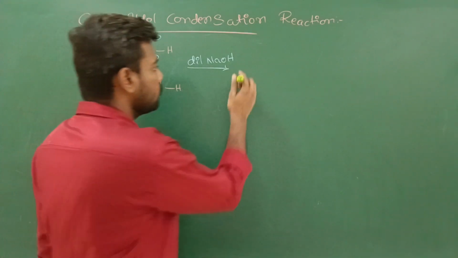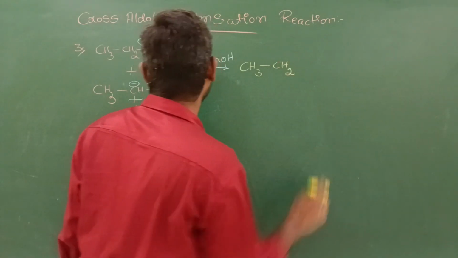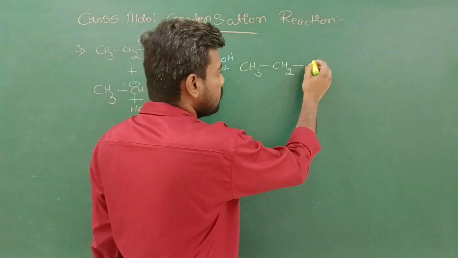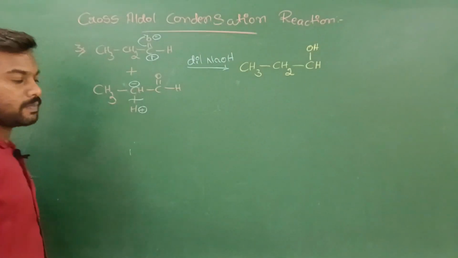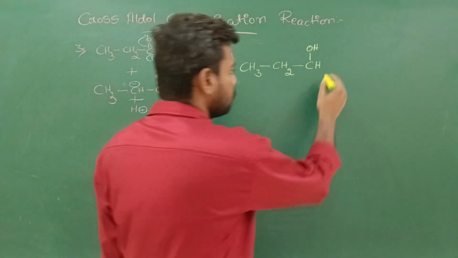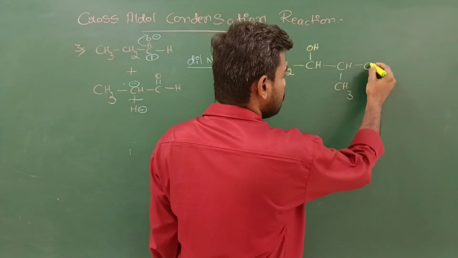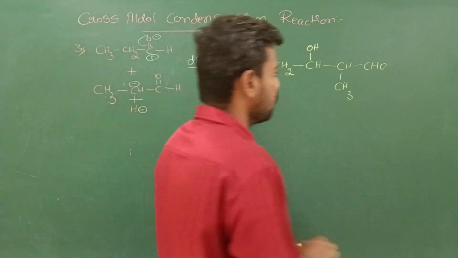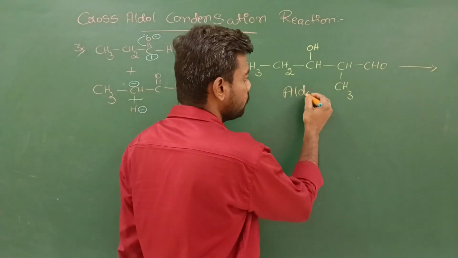What do we get now? We get an aldol. In this compound we write a single bond OH, and this carbon is bonded here to form CH, CH3, CHO.